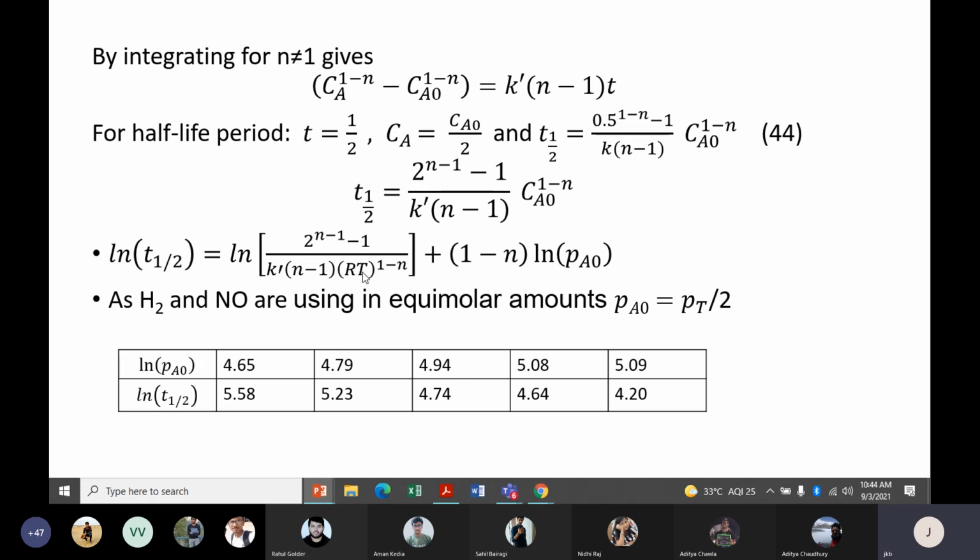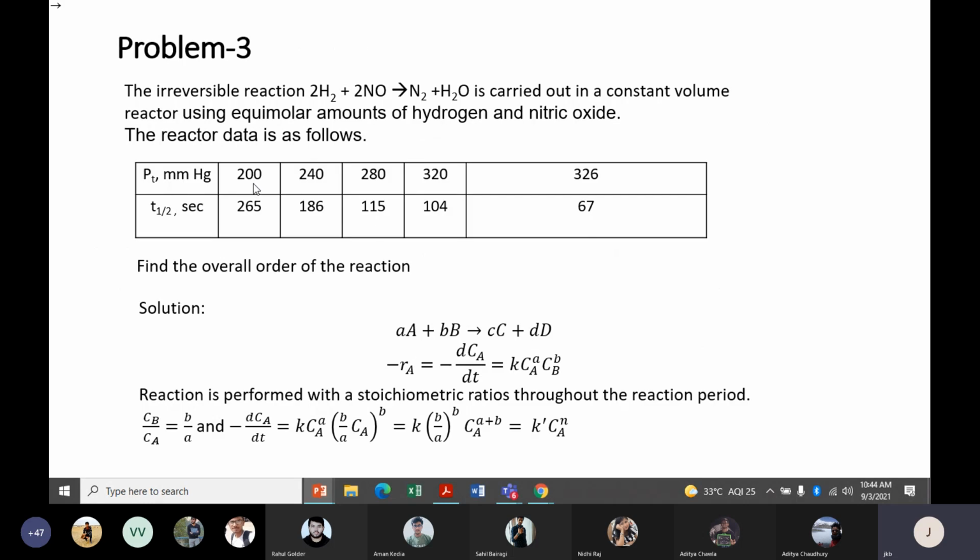And what is PA0? Equimolar hydrogen and nitric oxide is used. So PA0 is total pressure by 2. And in the data it is given total pressure. So what is PA0? 100. Second run PA0 120. Third point 140.